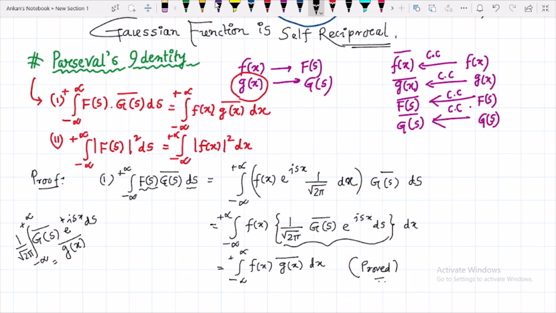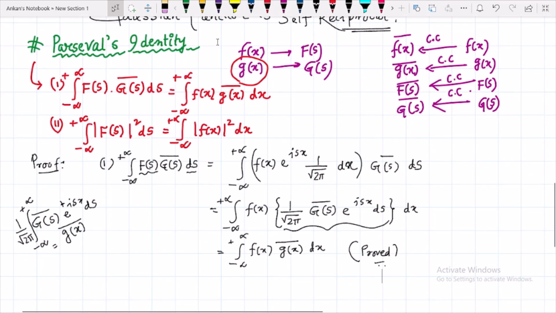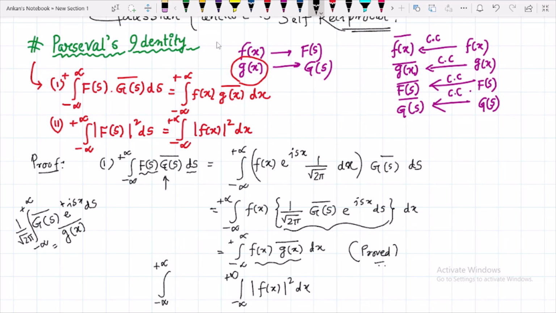Now it is time to discuss the next part. This is not something new. If you consider g(x) to also be f(x), then you can easily obtain the integral of mod f(x) squared dx, and the complex conjugate of F(s) will be F bar(s). So you will be able to obtain this.